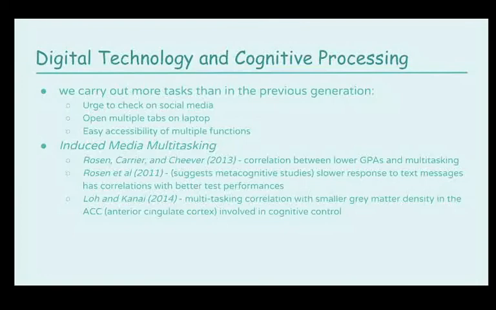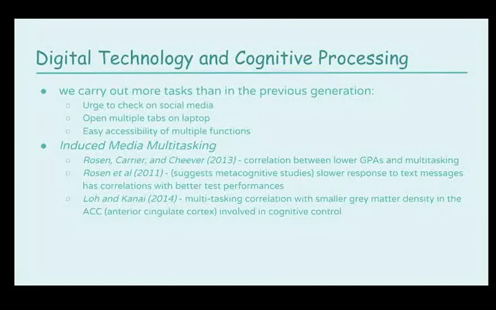So this study shows that the Rosen, Carrier, and Cheever study may not necessarily be a good determination of lower GPAs from multitasking. It could have been about how fast you respond to text messages.